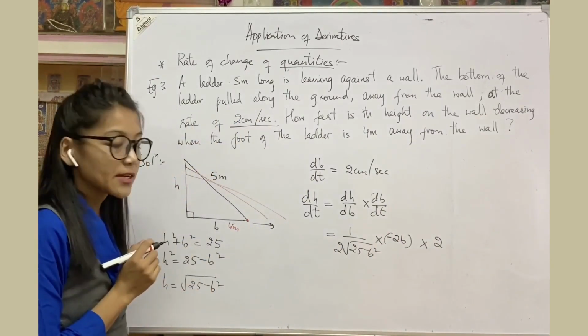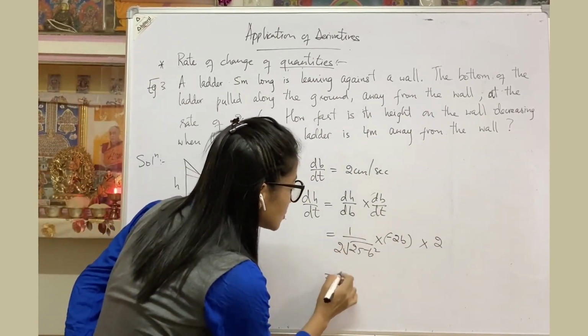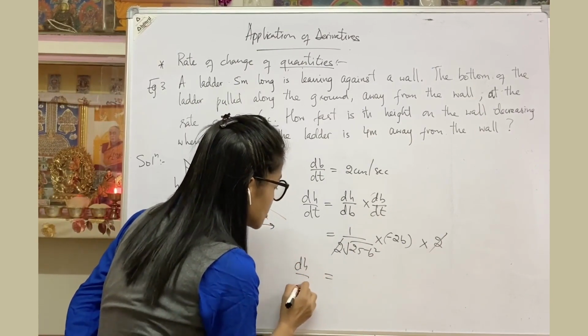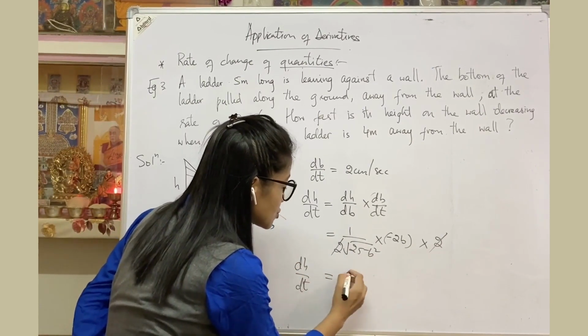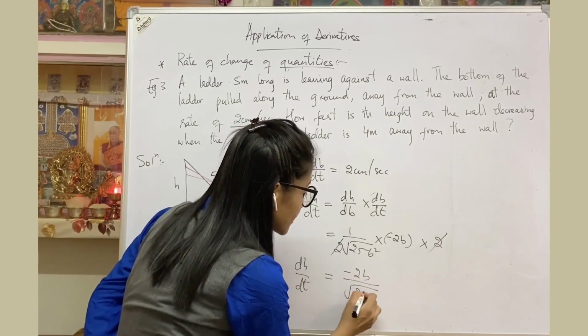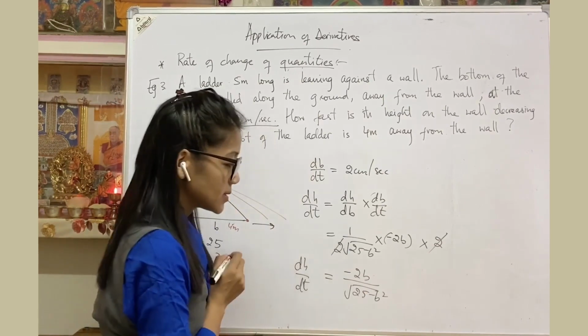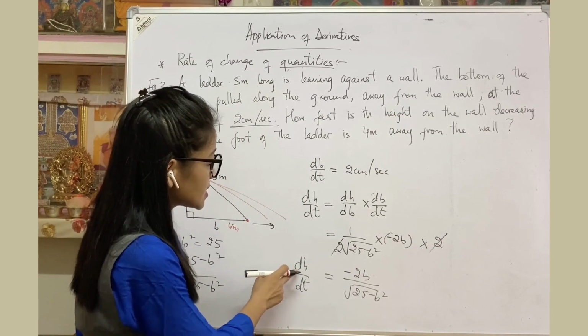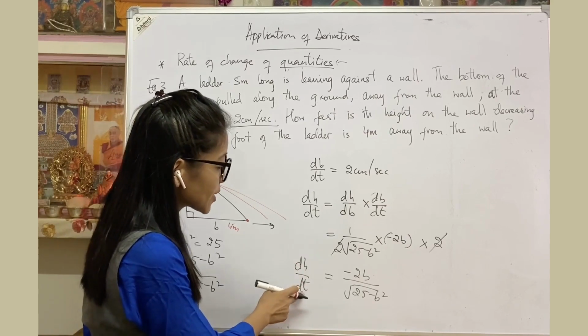So you can cancel the 2. I am left with dh by dt equals negative 2b divided by square root of 25 minus b square. Is that clear? Now this is the rate of change of height with respect to time.